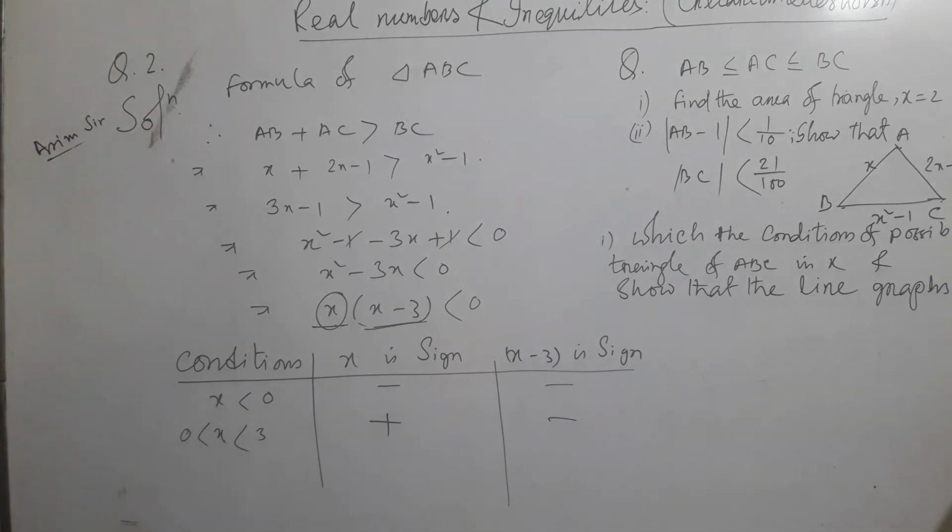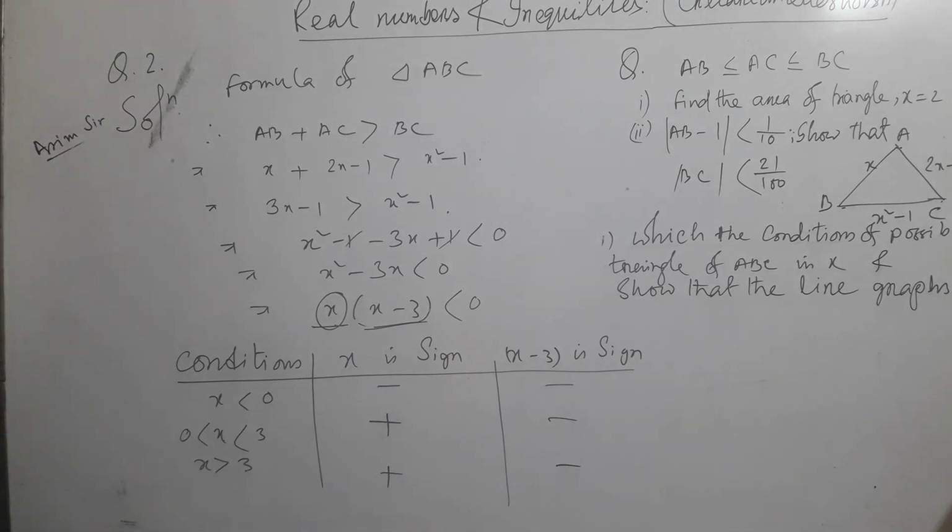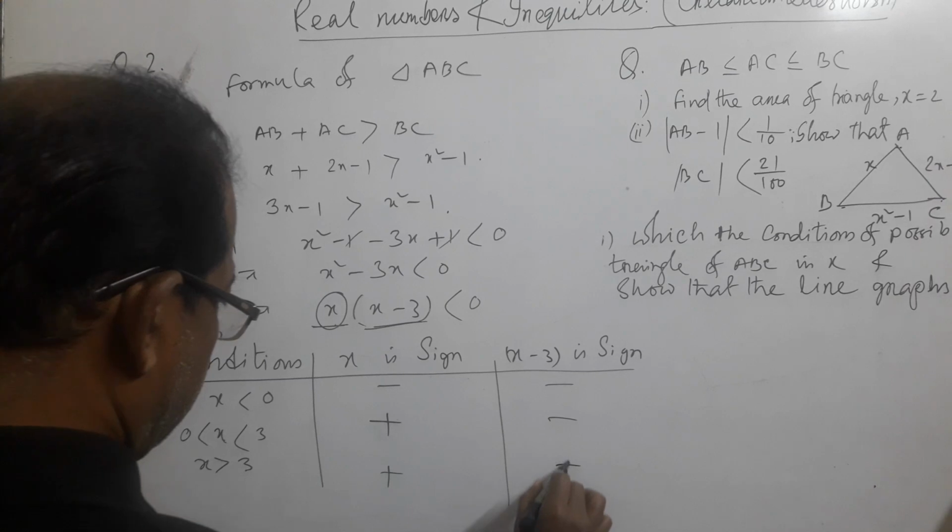So we have to follow the rules: x is greater than 3, that means plus, and x minus 3 থেকে x is বড়, that means minus. Minus plus.